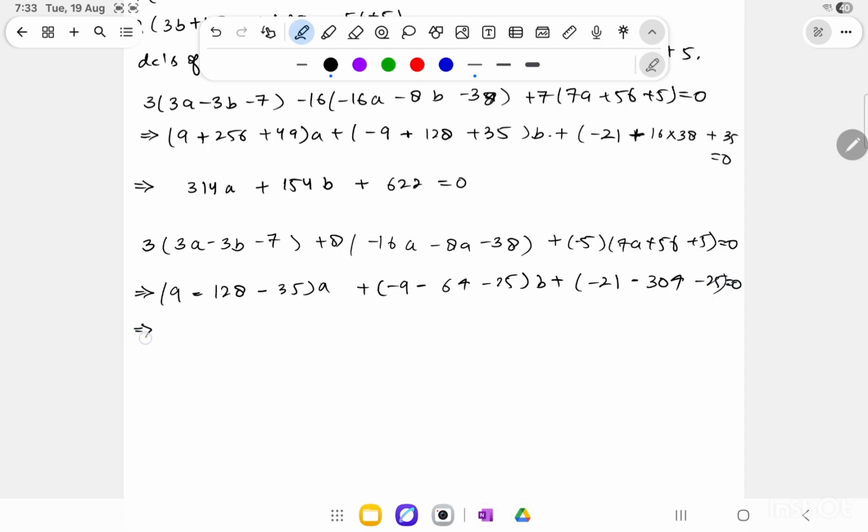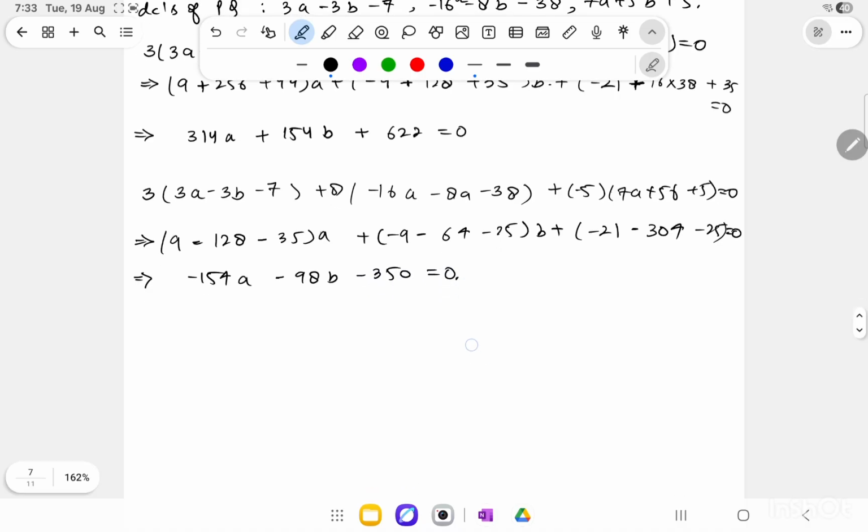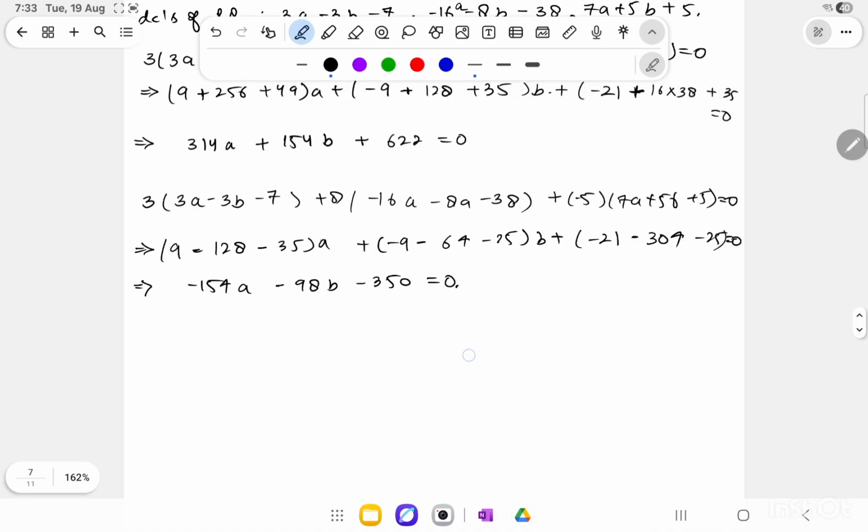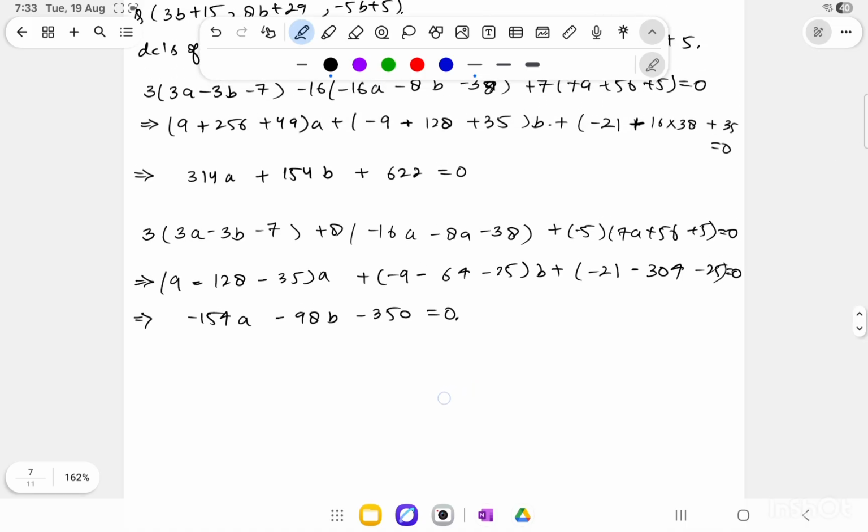If I simplify it, I'll get minus 154a minus 98b minus 350 equals 0. So I can further simplify this. If I divide it by minus 2, I'll get 77a plus 49b plus 175 equals 0.